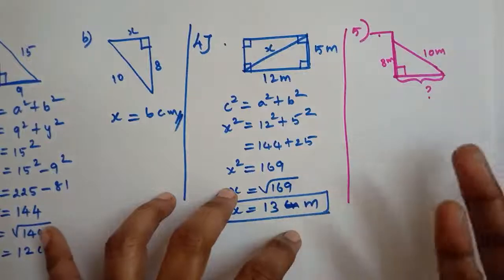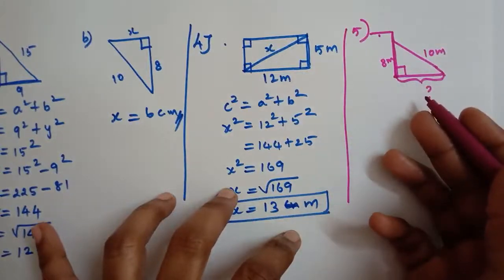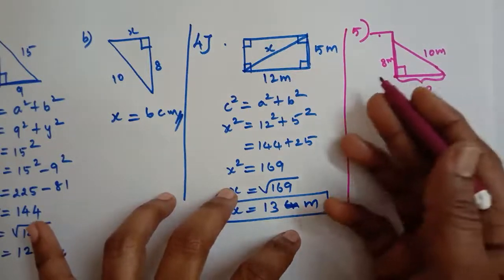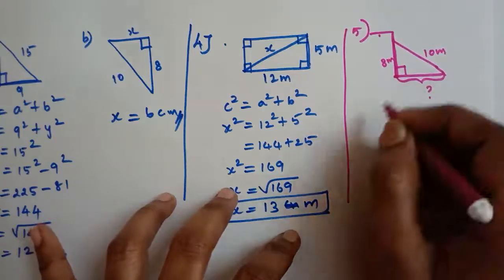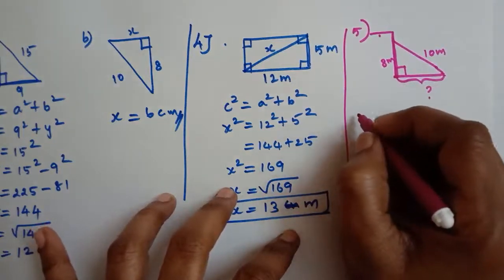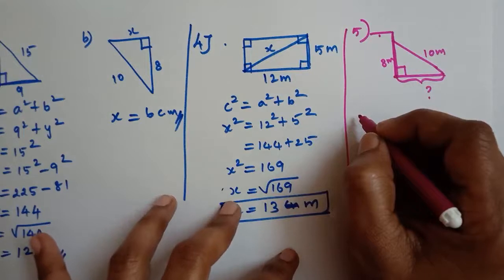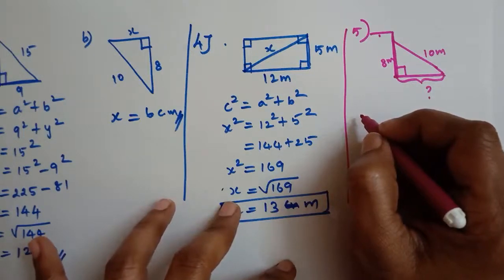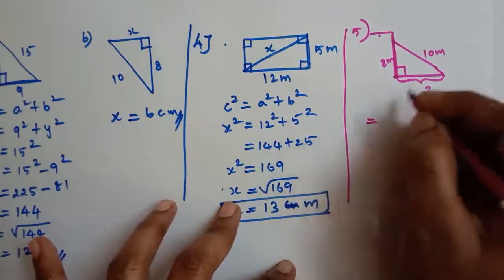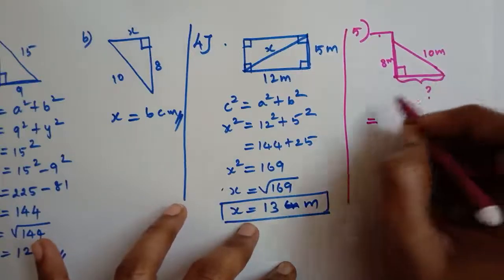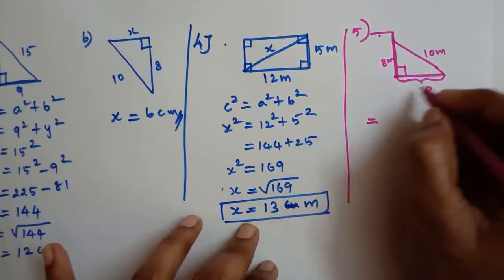So you can directly say the answer: 8 meters with 10 meter, good, 6, 8, 10. Or otherwise write the steps here. How far is the foot of the ladder from the base? That is equal to this length. Put x here.